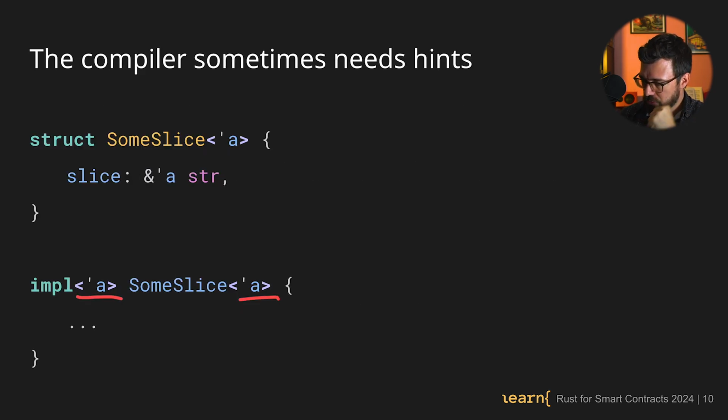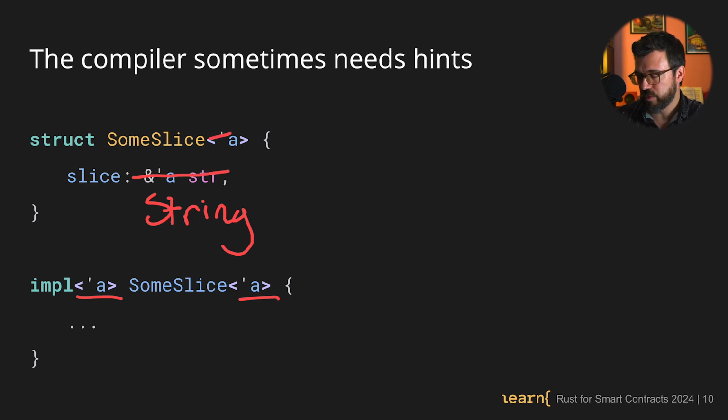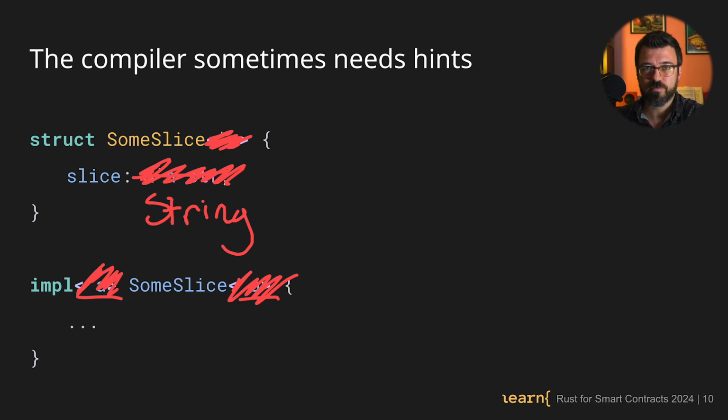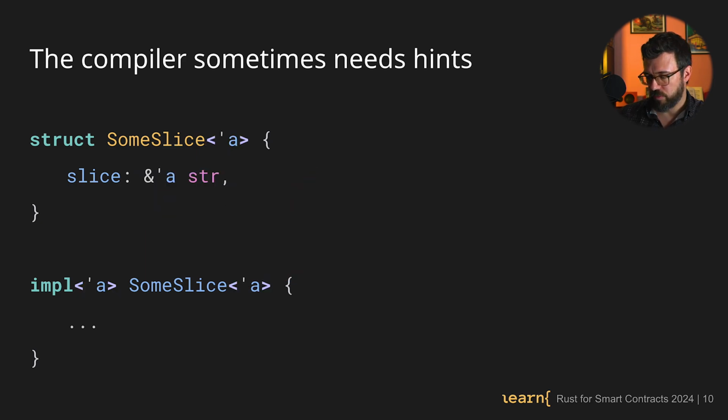Again, it's so much easier in most contexts to just ignore this. Give your struct a String. It might be a little less efficient depending on what you're doing. And you can just ignore all of this stuff, right? Just ignore it. And sometimes when you're dealing with lifetime problems, this is the way to go. It's just more readable, faster, more maintainable to use owned values rather than references when you're making structs.